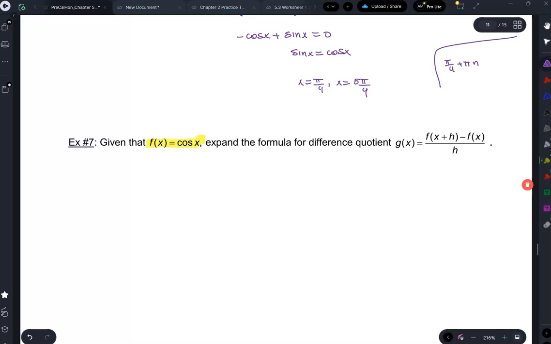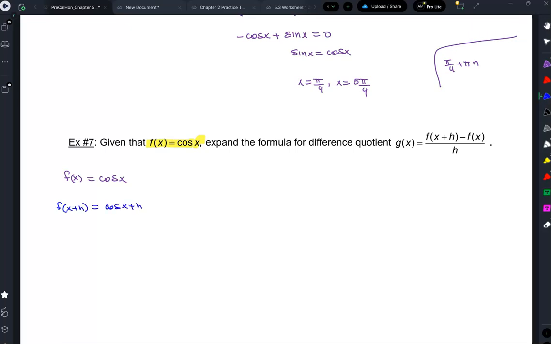So think of g of x as like a recipe, right? And what does that recipe call for? It calls for f of x, which I know is cosine of x. So now what would f of 0 be? Cosine of 0. What would f of a be? Cosine of a. So what would f of x plus h be?